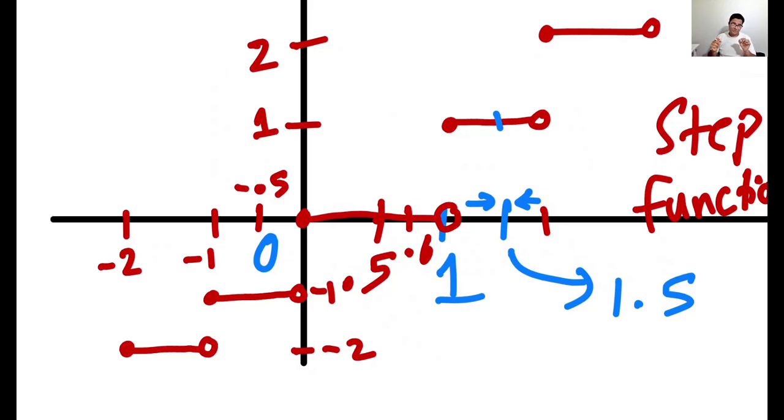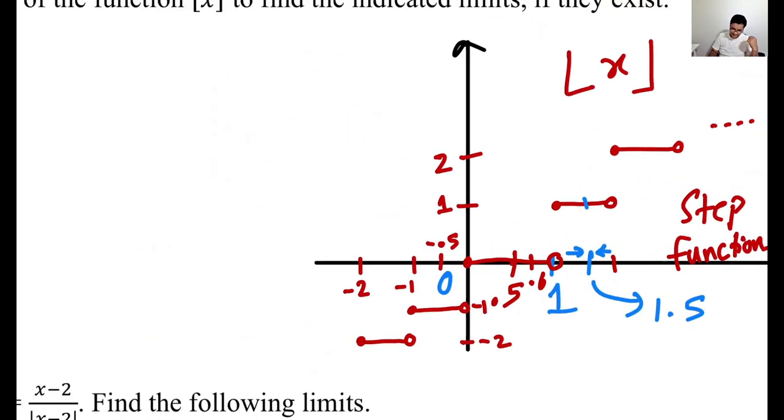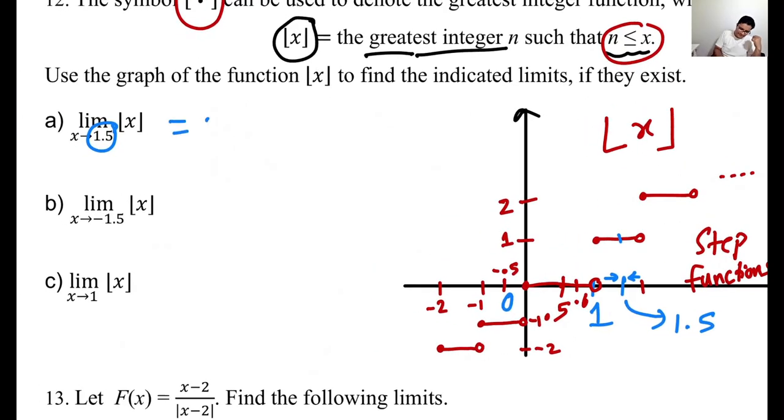When you say you approach 1.5, in the language of limits, you must be really close to 1.5. It's not that you can be at 2 or 2.5 and say that I'm still approaching 1.5. To consider for limit evaluation, you have to get more close. So definitely you have to be between 1 and 2. And when you're between 1 and 2, your output is constant. That's 1. Hence, that limit is just 1.